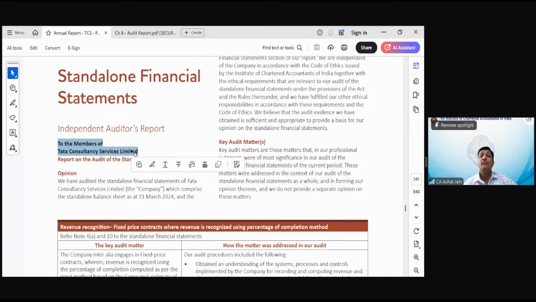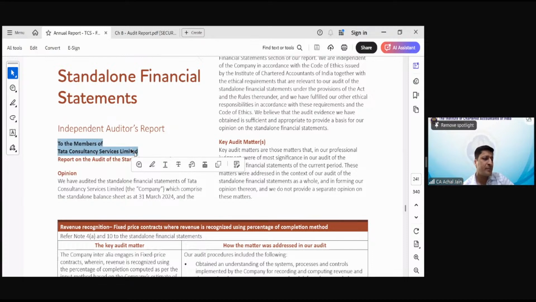But if, let's suppose, this is a special purpose audit meant for management or the board of directors, you can address it to those parties. One will have to go by the scope and the requirements, and all of these things are pre-agreed before the audit is started, and that is something which you'll always find in the engagement letter also.